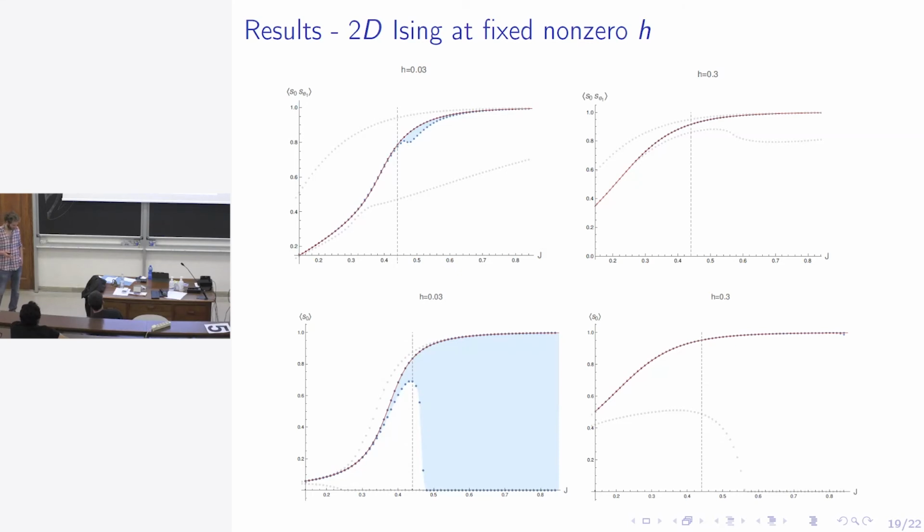even in regions where the bounds are maybe not very tight. So here what you can see is that as we increase J, we have some non-monotonic behavior of the mean bound, and of course that cannot be a physical feature.